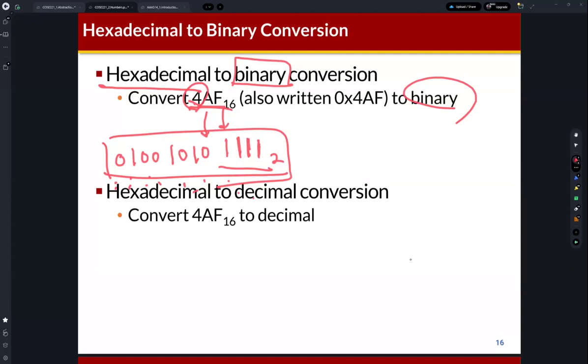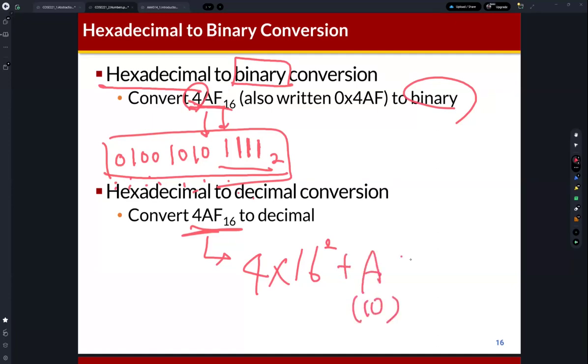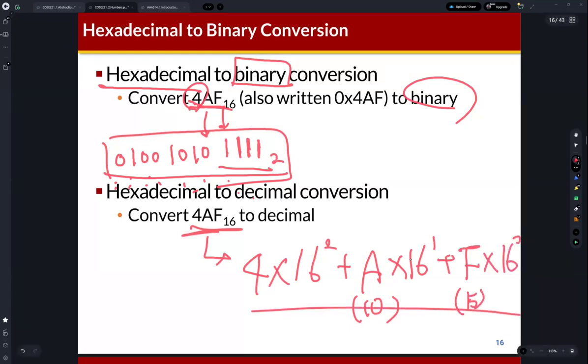Also, in the same way, it's 4 multiplied by 16 to the power of 2, plus A, which is 10, multiplied by 16 to the power of 1, plus F, which is 15, multiplied by 16 to the power of 0. So this gives the decimal number.